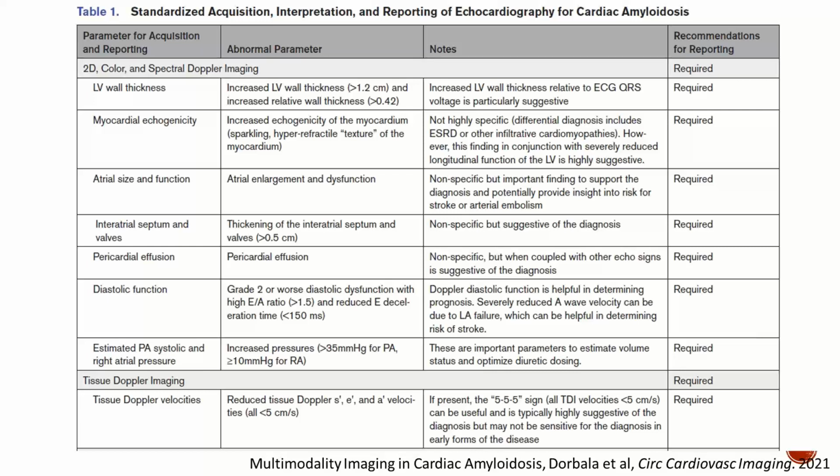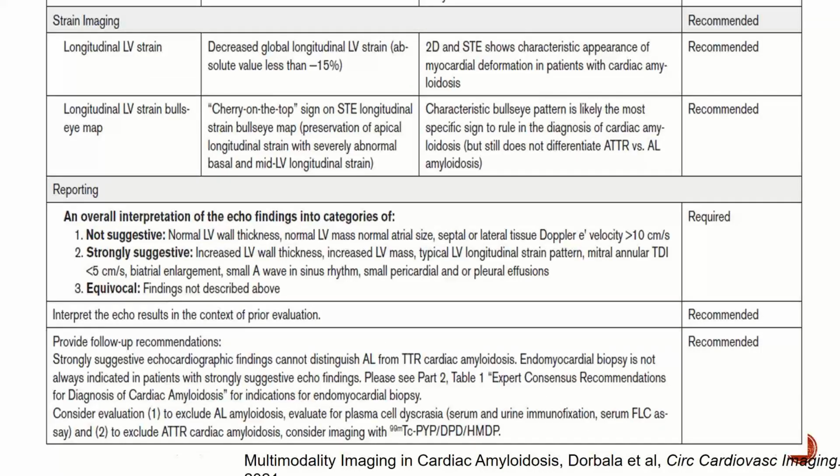It's a highly suggestive finding but may not be sensitive, especially in early disease where restriction has not happened. The strain pattern, as I mentioned, is very important: decreased global longitudinal LV strain with values less than 15% is very characteristic of amyloidosis. And the bullseye, or cherry on top sign, is another feature that's very important for diagnosis of amyloidosis.